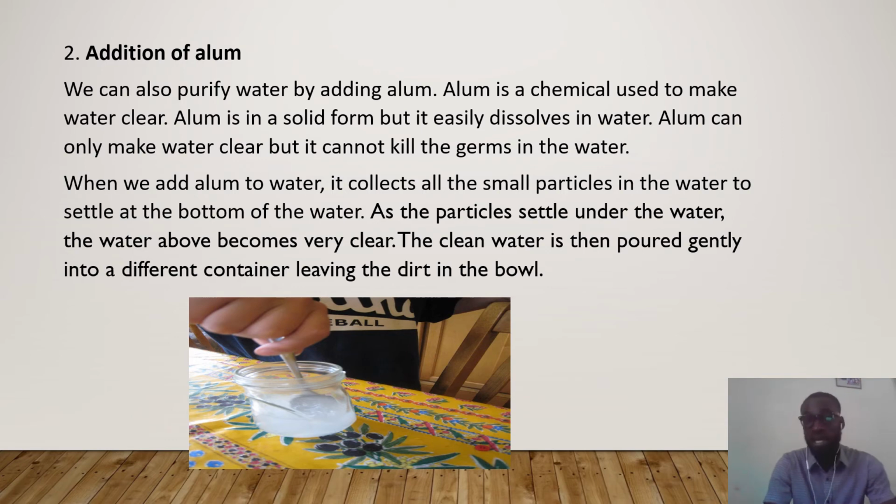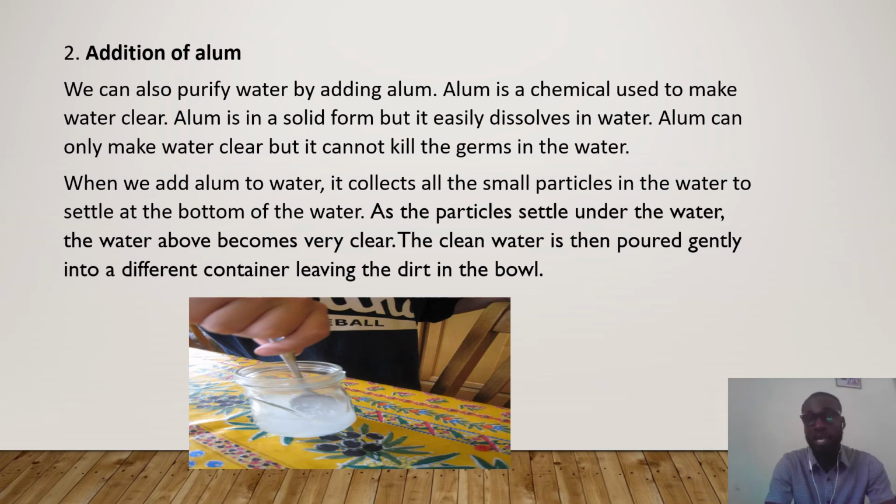When we add alum to water, it collects all the small particles in the water to settle at the bottom. As the particles settle, the water above becomes very clear. The clean water is then poured gently into a different container, leaving the dirt in the bowl.